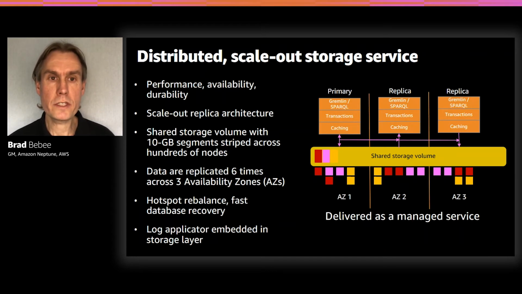The service itself is not something that you as a customer have to configure and manage. It's all handled through Neptune. But it does things like automatically replace failing storage nodes or do a performance optimization for striping the data on disk. And so the storage service is really underlying a lot of the durability and availability story for the service.